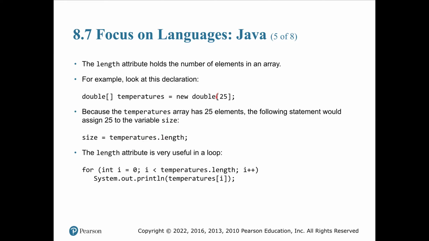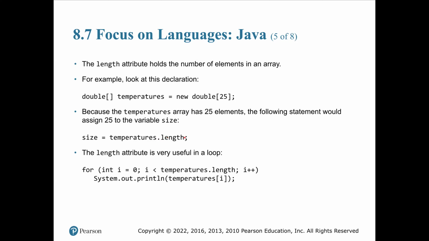I don't have to keep track of what the initialization was. It may be I got the length from the user, or maybe I looked up the number of entries in a file and that's the length. You don't always know when you write the program how many elements are going to be in the array. So you can use this built-in length property of the array to get that.